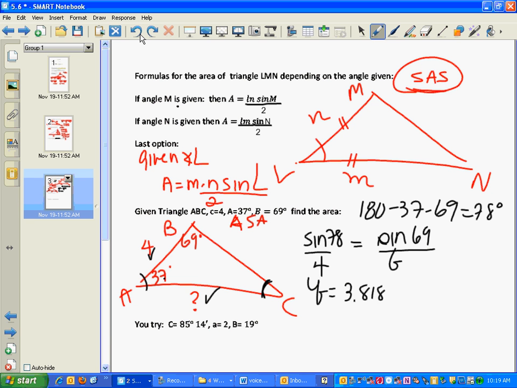And so then we'll say, well, using this formula up here, this is our middle angle, these are the corresponding sides, we'll say that the area is equal to 4 times 3.818 times the sine of 37, all divided by 2.